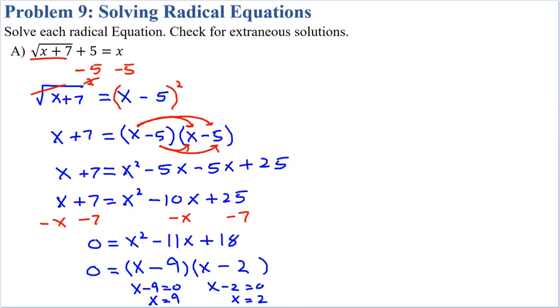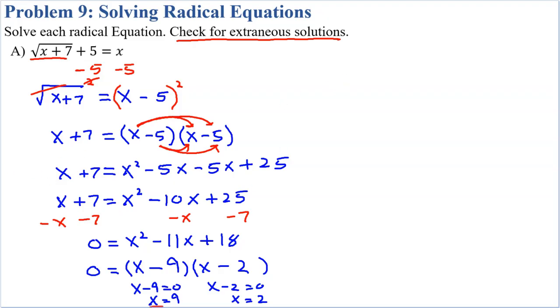Now the last thing we're going to remind you how to do is how to check for extraneous solutions. Those are going to show up when you switch from a radical equation to a quadratic equation. There might be solutions to this quadratic that weren't actually solutions to the original radical. So let's go ahead and test both those solutions.